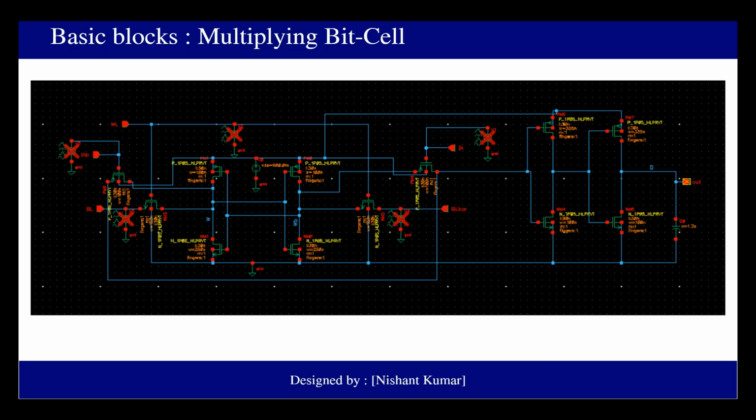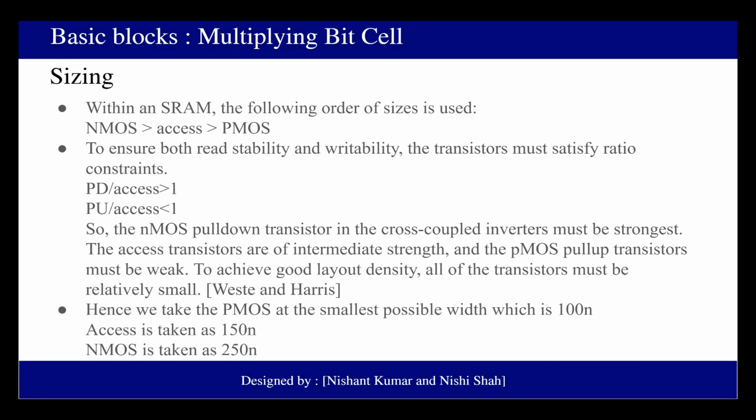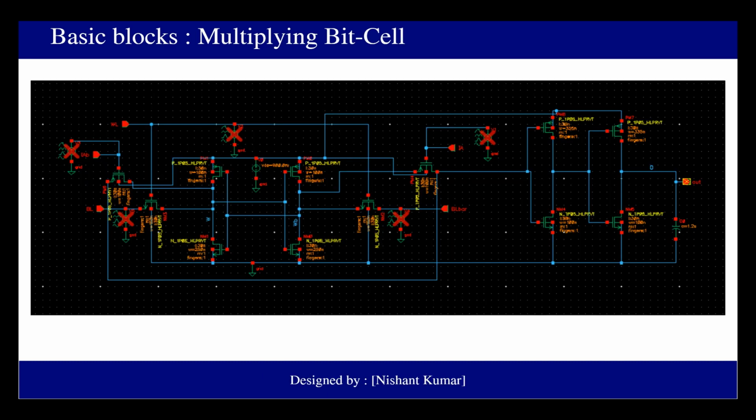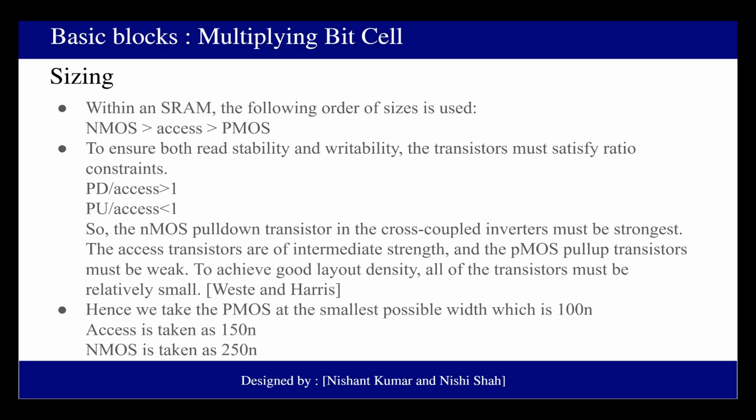PMOS is the smallest in this case, then the access transistors, and then NMOS. The PMOS in IA is also 100 nanometer width, and that was chosen like that. And this just explains the sizing.